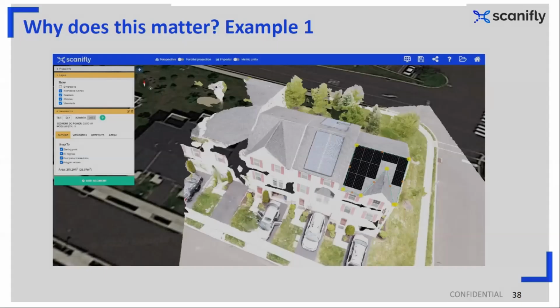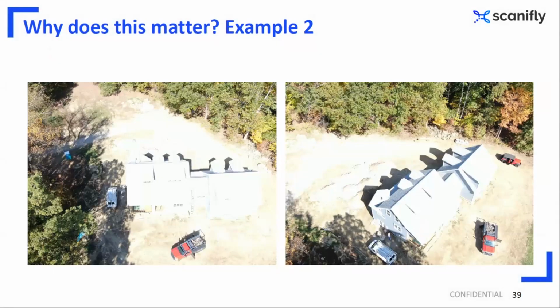Okay, so example 2. Here's another example where there are some washed out images. This happens sometimes when you're using the auto settings with the camera, where the white balance changes on the fly, or the brightness or contrast changes on the fly.